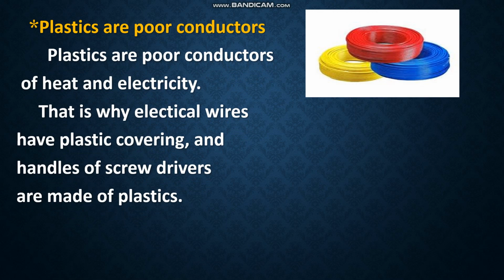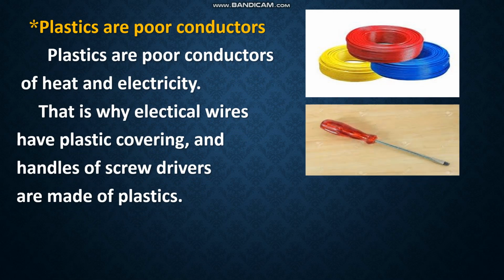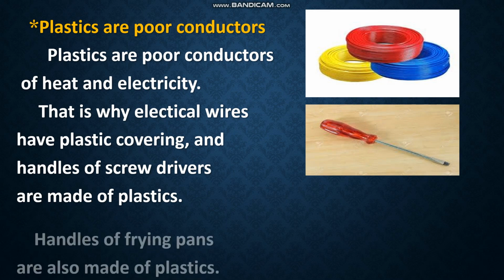And handles of screwdrivers. Screwdrivers, for what are they used? Only to remove or attach the screw? Not only that, it is used as a tester also. That means to test whether current is passing in an electric circuit, we use testers. So the handle of this tester should be a poor conductor. Otherwise what will happen? We'll get a shock. So the handle of the screwdriver is also made up of plastic.